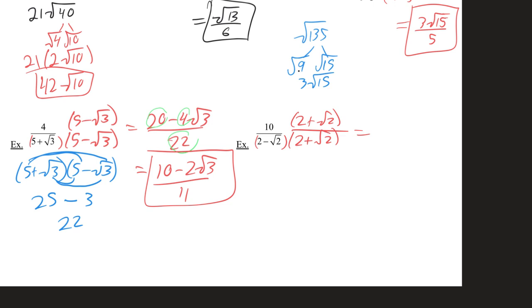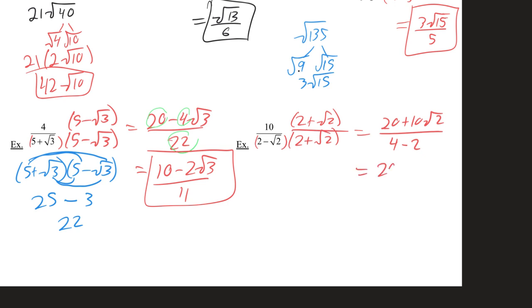Distribute the 10 on the top, so 10 times 2 is 20. 10 times the square root of 2 is 10 square root of 2. And then on the bottom, I know they're conjugates, and if I want to use the shortcut here, it's a good time to use it. So it's a squared minus b squared, so 2 squared is 4, and then square root of 2 squared is 2. So 4 minus 2 would be 2.